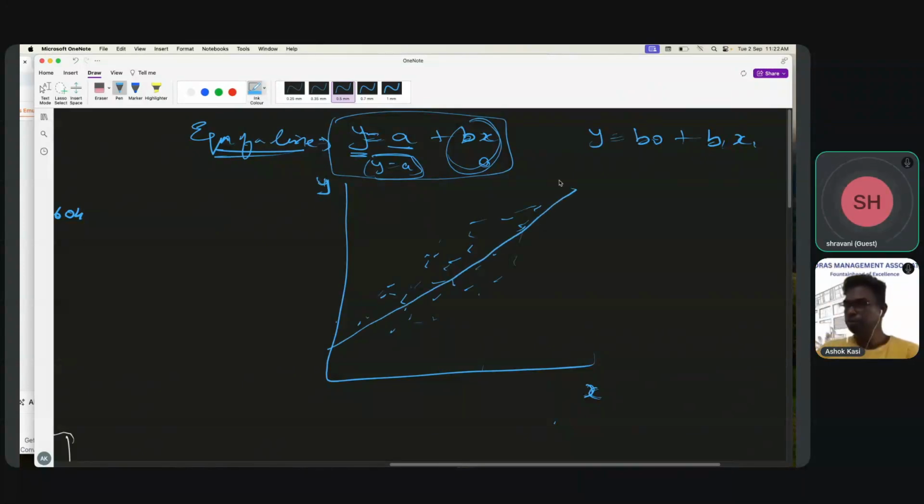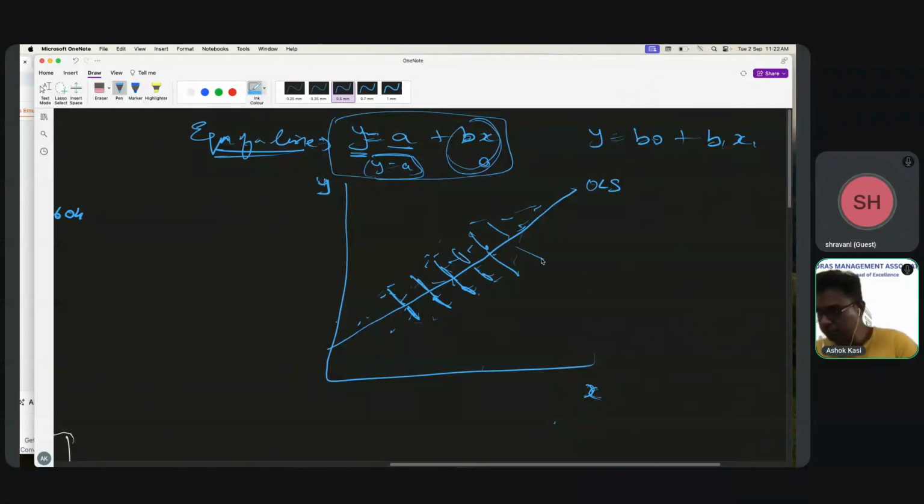What do you mean by that regression line? That is also called ordinary least square. That line will have the least variance between all these observations. It is the in-between line.